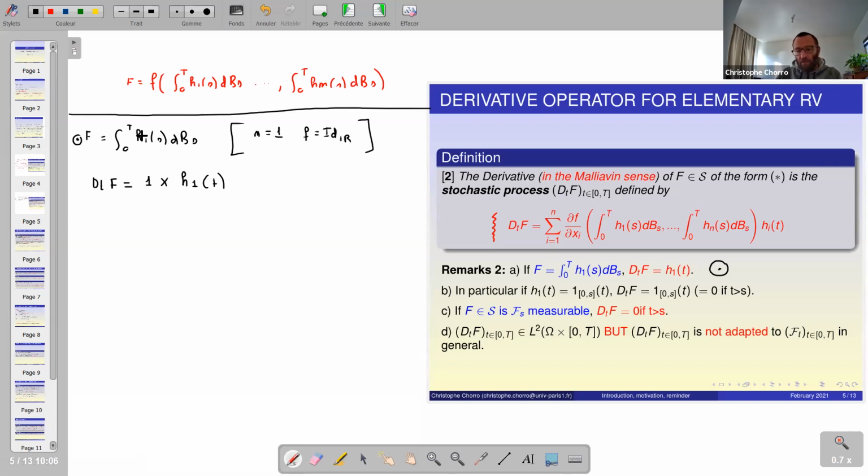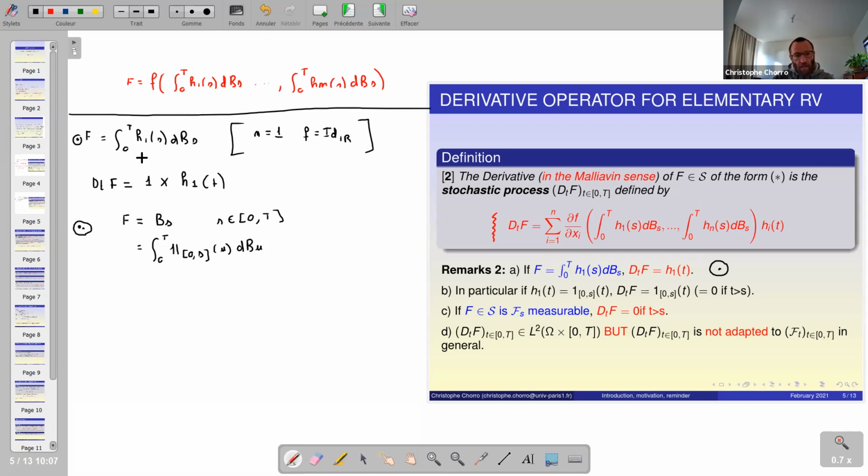Okay, so let's continue with the examples. So if I take here f equal, let's say, to B_s, with s belonging to 0 capital T. So here I have the Brownian motion at time s, okay? And what can I remark with this? I can remark that my Brownian motion is just something that I can write as a Wiener integral this way.